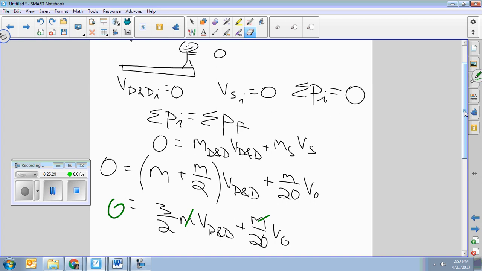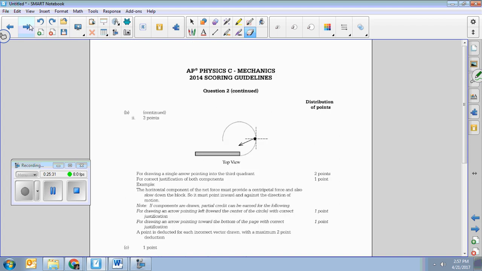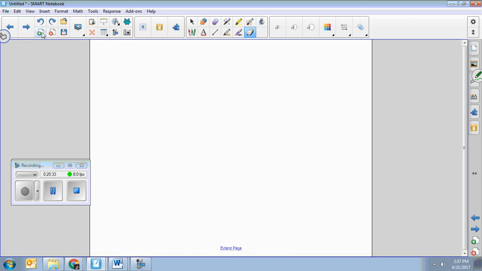Okay? So, to do part D, if you guys understand the drawings like this, here's the disk, here's the dude, he's going to throw the stone that way, right? So before he throws it, what's our total angular momentum? 0, right?